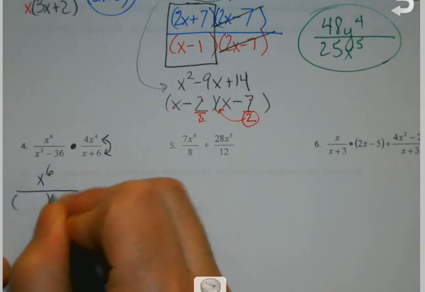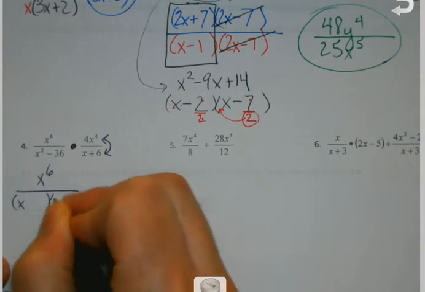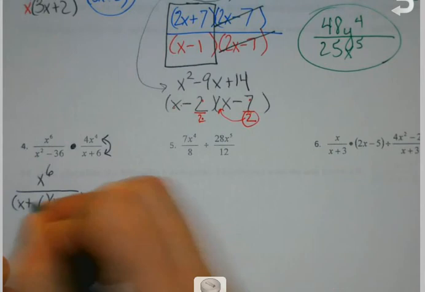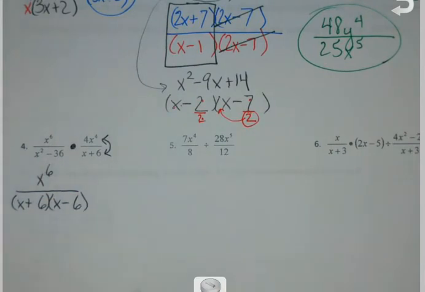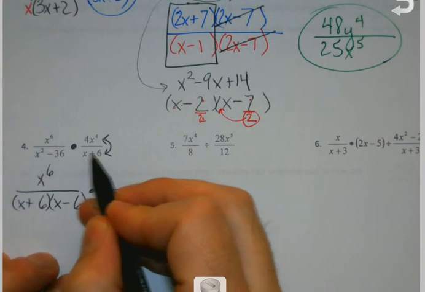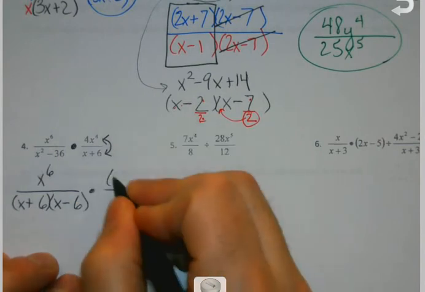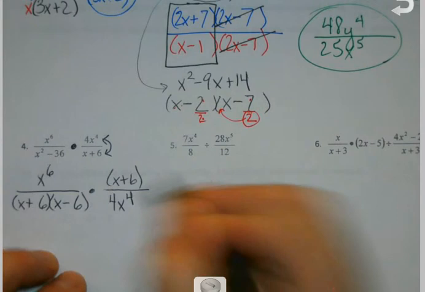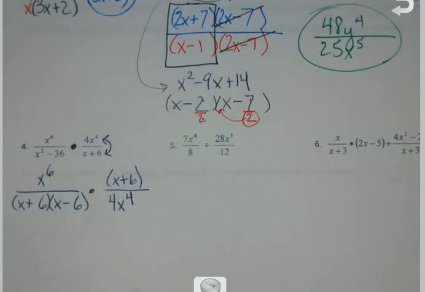I've got a difference of squares, and again, that's what you've got that little help sheet for. If you kind of start to wonder and you're not sure, go to it, kind of get yourself a little reminder of what's going on. And then over here, so these flipped. So the x plus 6 is on top, and the 4x to the 4th goes to the bottom. But there was nothing to factor as far as that goes.